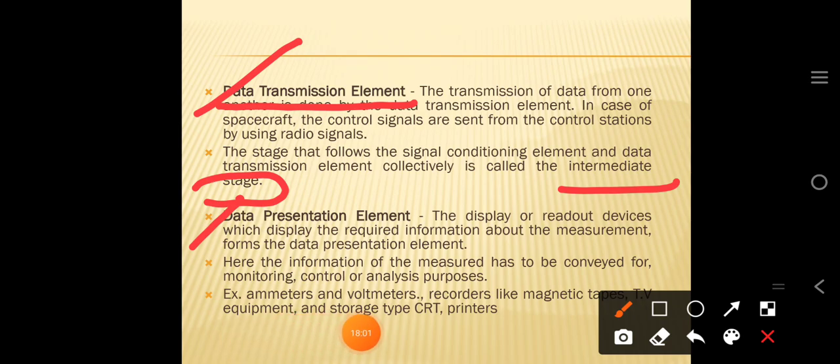Here we have written some examples like ammeter, voltmeter, recorders. All these are data presentation elements. Some recorders like magnetic tape, TV equipment, storage type, CRT and printers are also data presentation elements.